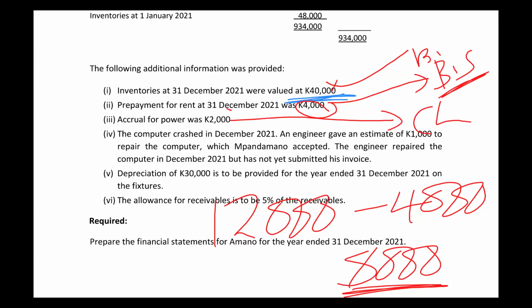They are added to the respective expenses. The prepayments you deduct, but these are added to the respective expenses. So for power, you will add the 2,000. Is that clear? The same applies to this 1,000 for the crashed computer, where somebody repaired it, but they have not yet claimed the amount. Is that clear?